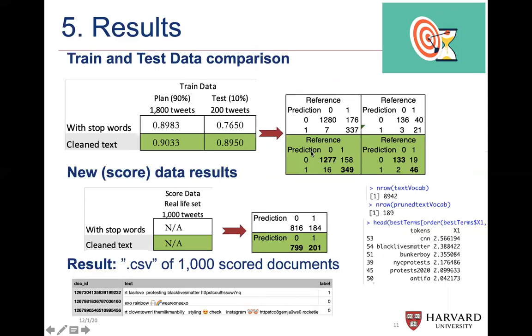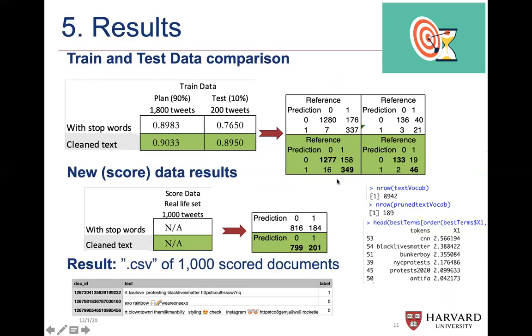The way you read this is that these are the predictions of the model. It was predicting that 1,277 tweets were not political and 349 were political.